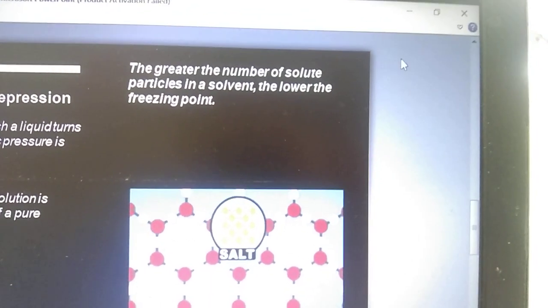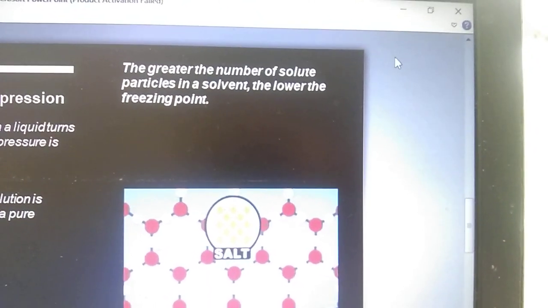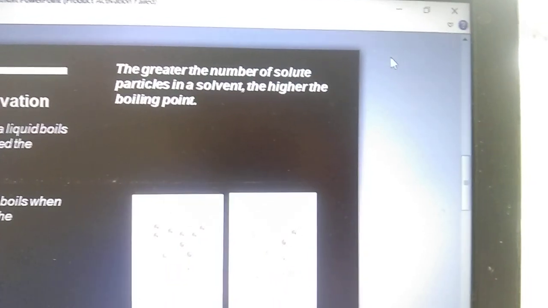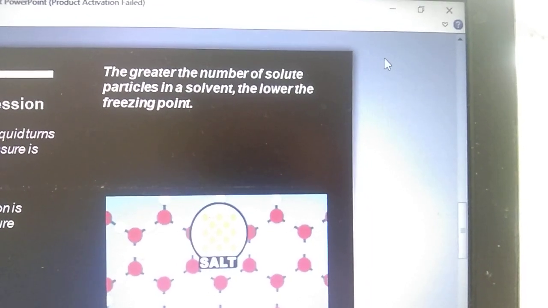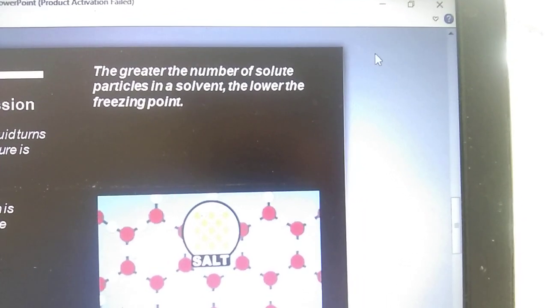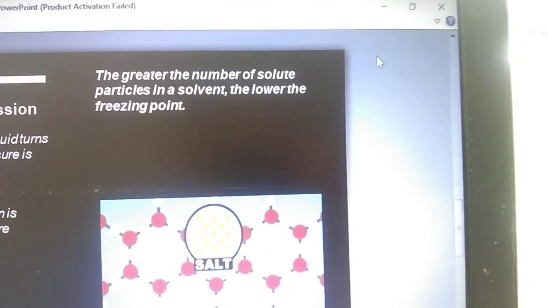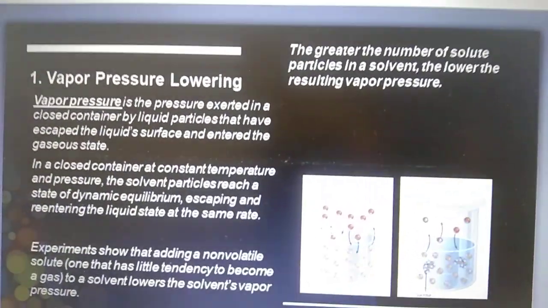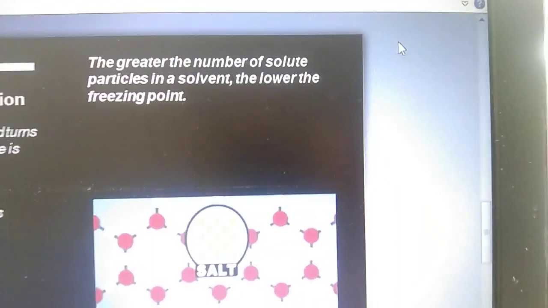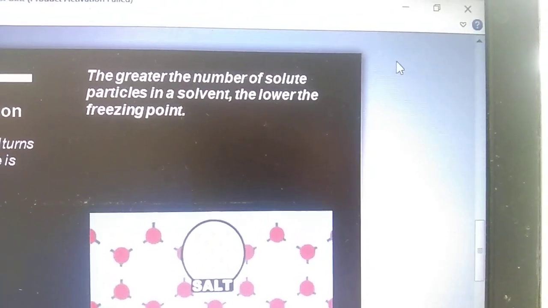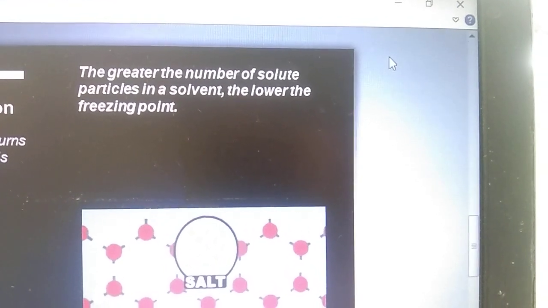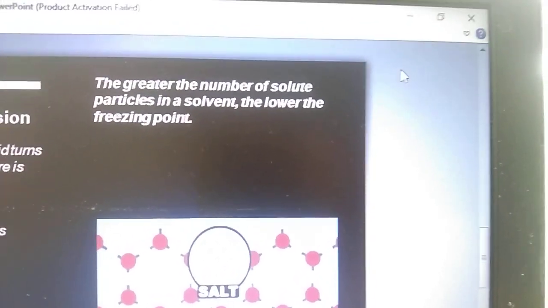The boiling point elevation is directly proportional, while the freezing point depression is inversely proportional when it comes to the relationship of the solute and the freezing point. A greater number of solute particles means a lowering of the freezing point.